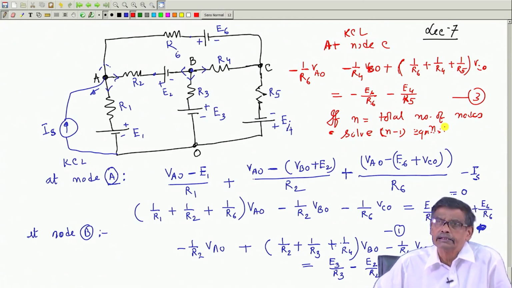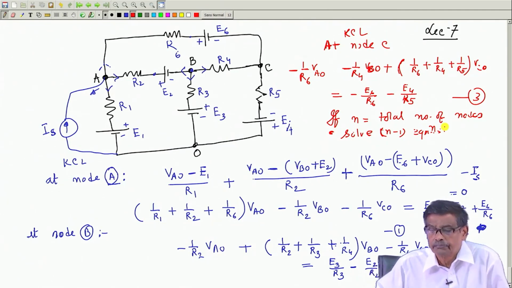We have seen that in mesh analysis, if you are lucky that in one of the outermost meshes there is a current source, then the number of equations to be solved will be even less than the number of meshes, 1 less. Is that not what we have learned?